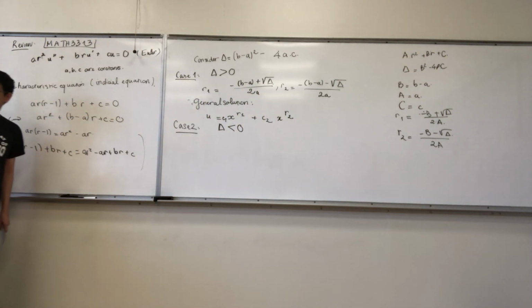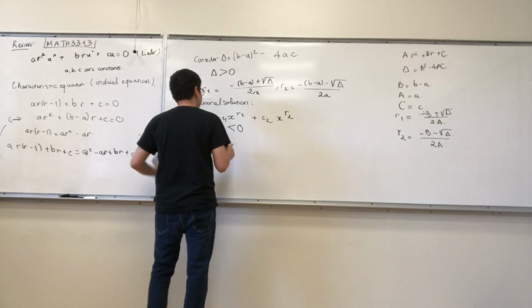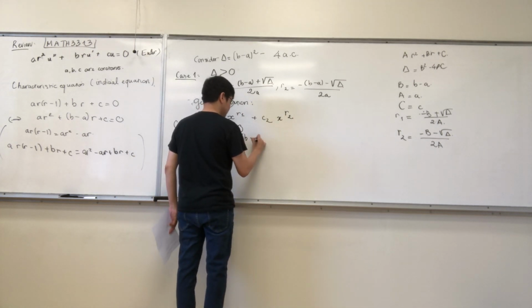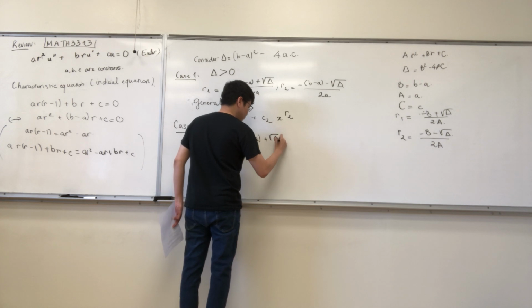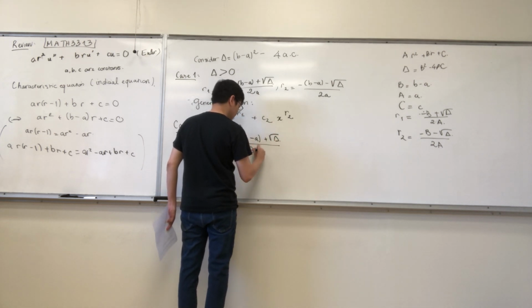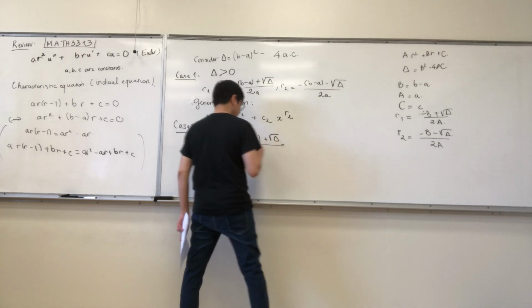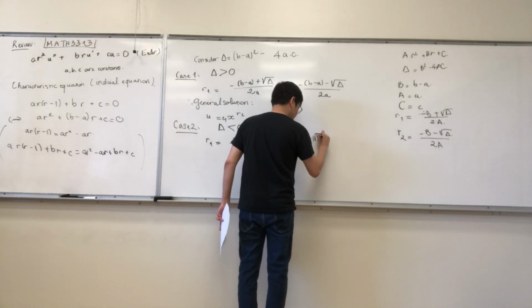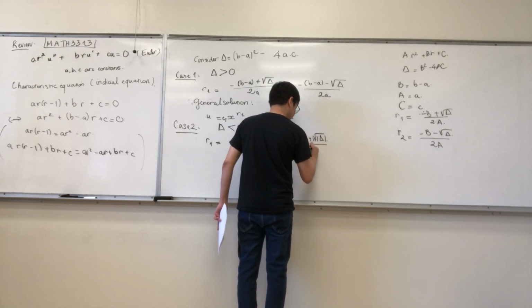all right? So you're gonna have r1 will be minus b minus a plus square root of delta divided by 2a, and this is minus b minus a plus i square root of delta divided by 2a.